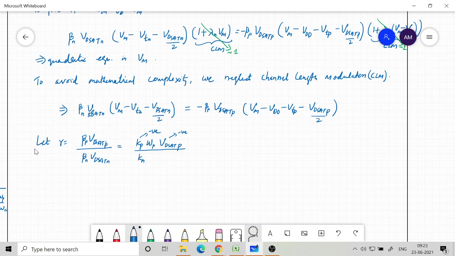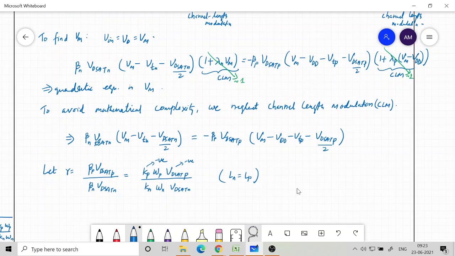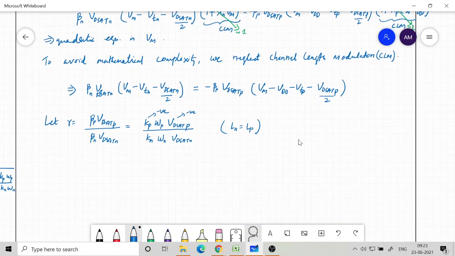And similarly Kn into Wn into Vd sat N. Where I have assumed Ln is equal to Lp, which is usually the case. We usually keep it the same while designing. All difference will be only taken in the width of the MOSFET.